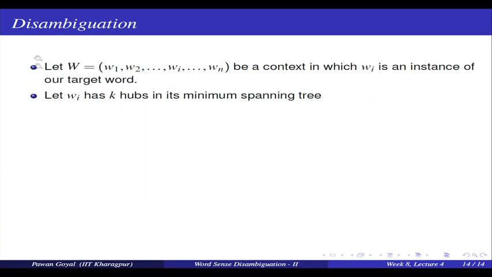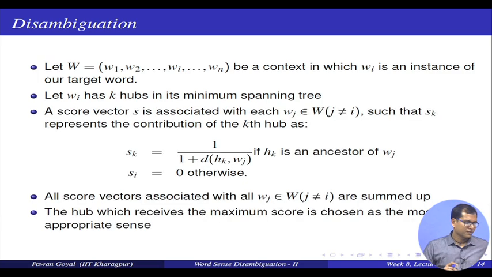So, what is the approach? Let us say I have this context or the sentence where this word wi occurs, and wi is my target word that has multiple senses. Suppose it has k senses, k hubs. What do we do?